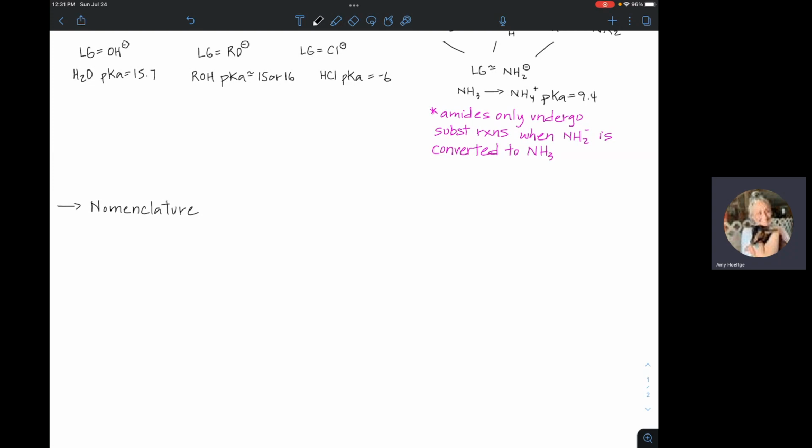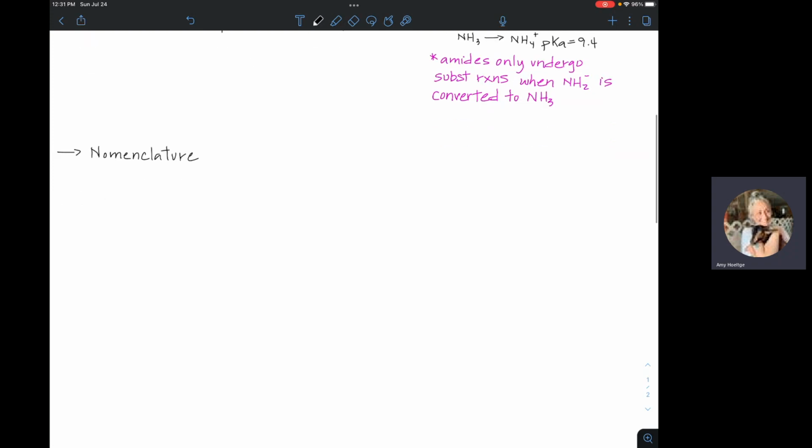Those acids were found in various compounds hundreds of years ago, and scientists gave them common names based on those products they were found in, right? So we'll talk about those 6 and then also their IUPAC nomenclature. I'm going to start with carboxylic acids because naming carboxylic acids will be the basis for naming any other carbonyl compound.